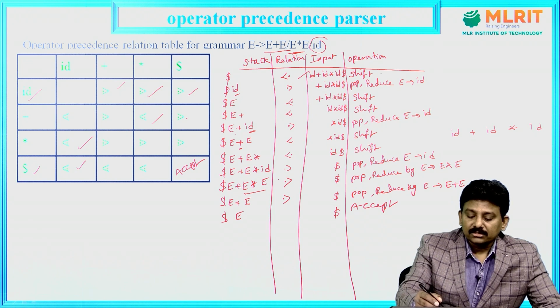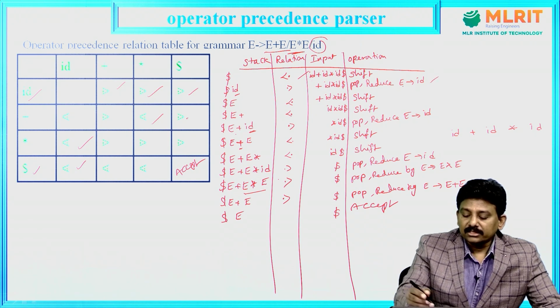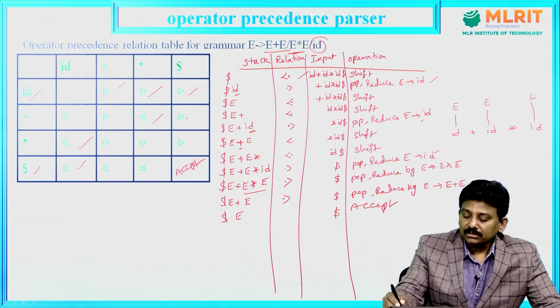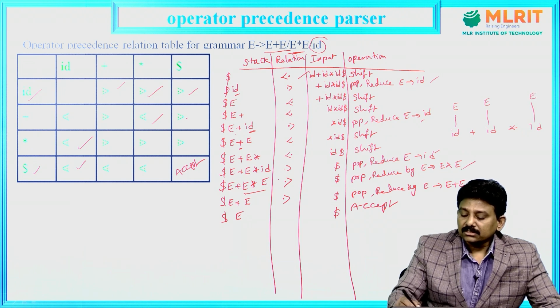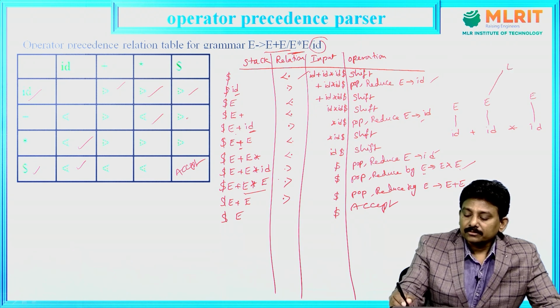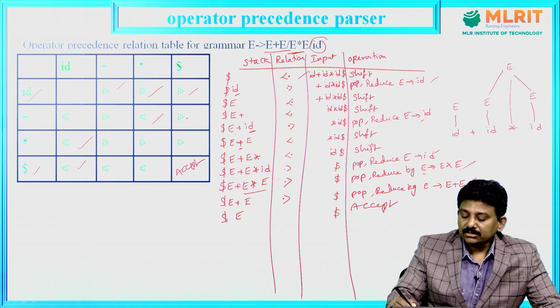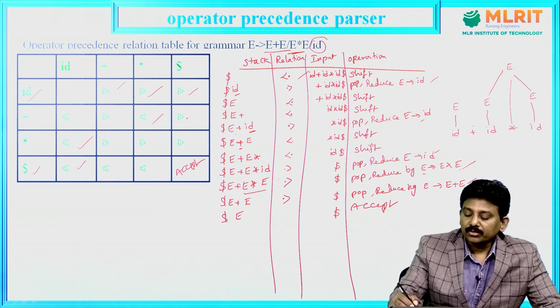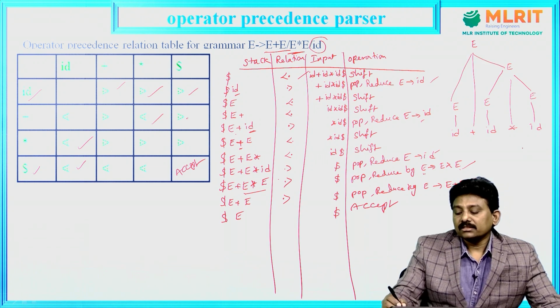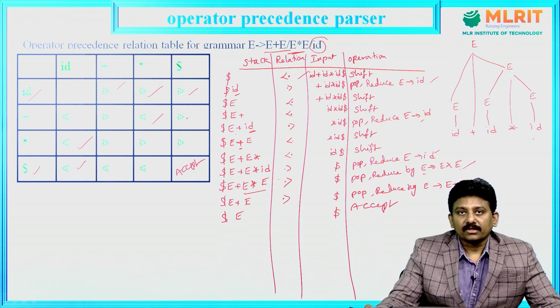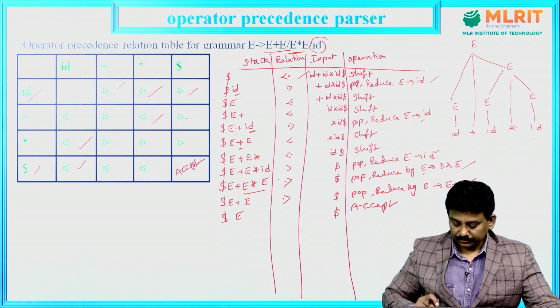The first operation is shift, then each ID is reduced to E. Next, E star E is reduced to E. The next operation, E plus E, is reduced to E. Like that we can construct the parse tree. This is the operator precedence parser, parsing table, relation table. Thank you.